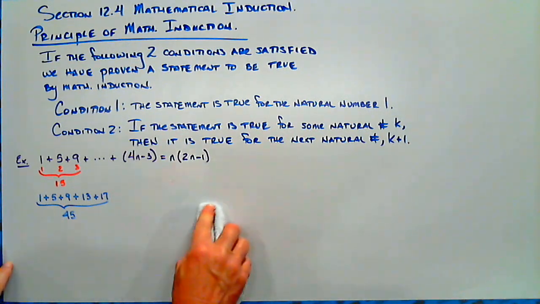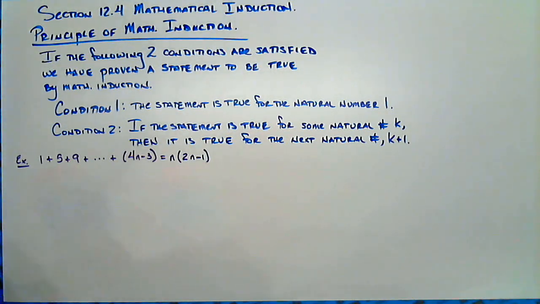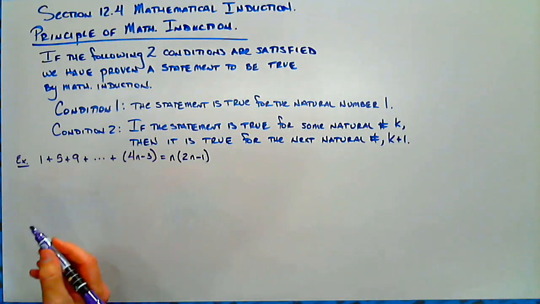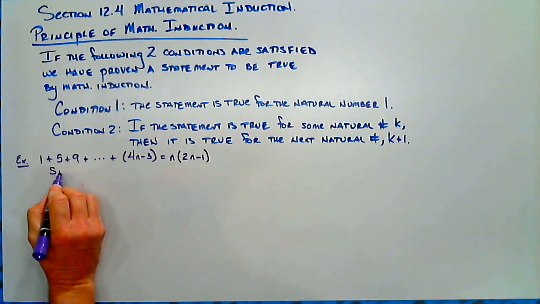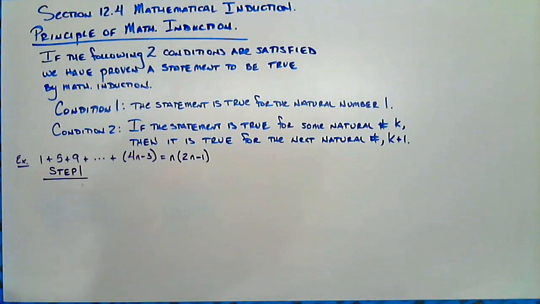Well, this is the kind of statement that we can prove to be true using mathematical induction. Typically when we're working with mathematical induction, we use steps. I like to teach steps. So I say, okay, we're going to do step one. Now, what is step one?